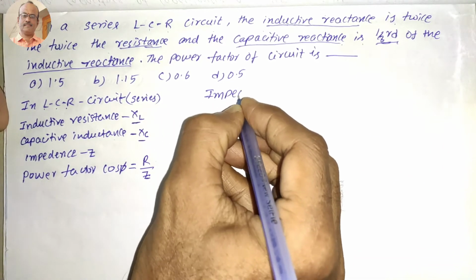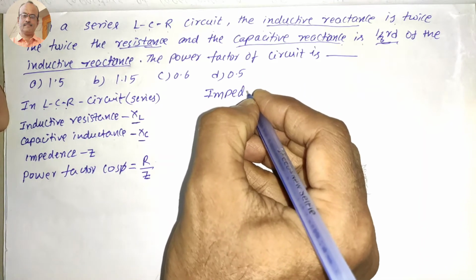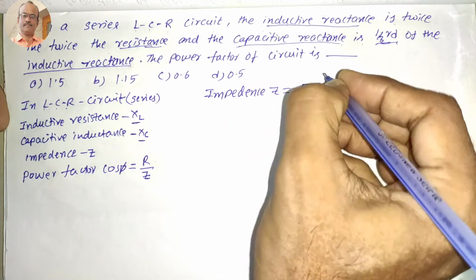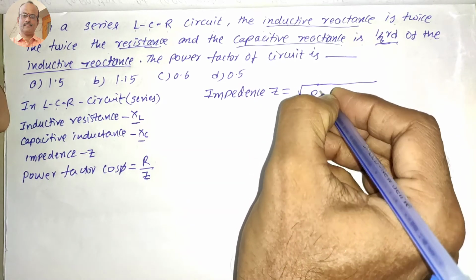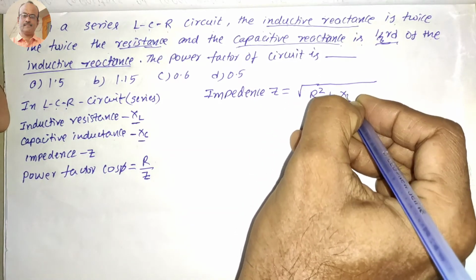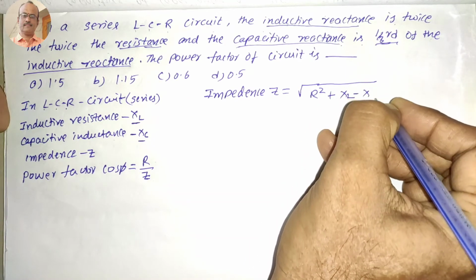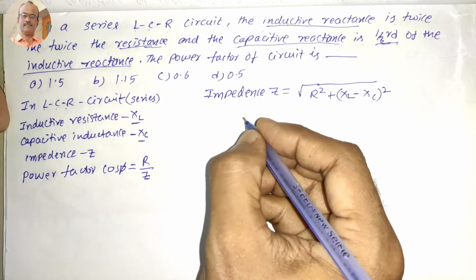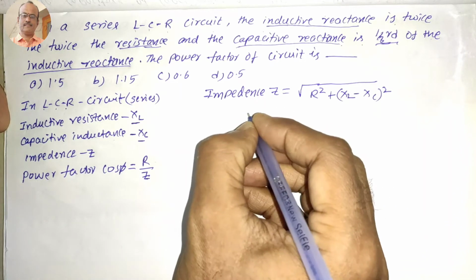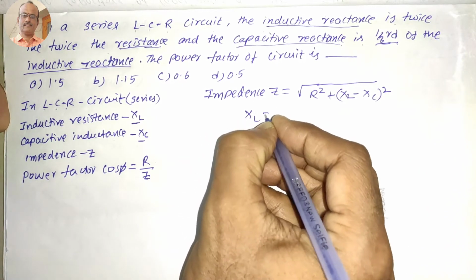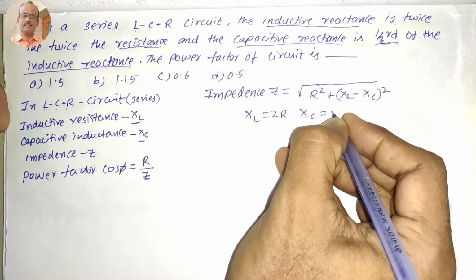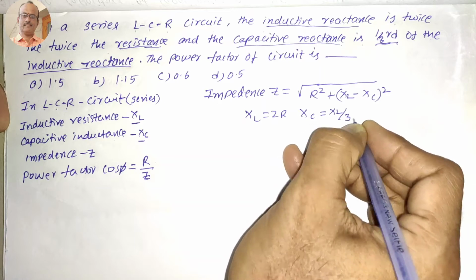So here impedance Z is equal to square root over R square plus XL minus XC whole square. One thing we have to remember, that is very clear cut information they gave: XL is equal to 2R and XC is equal to XL by 3.